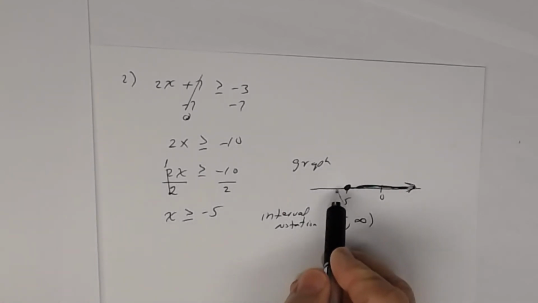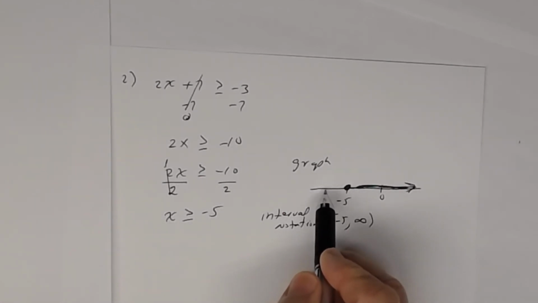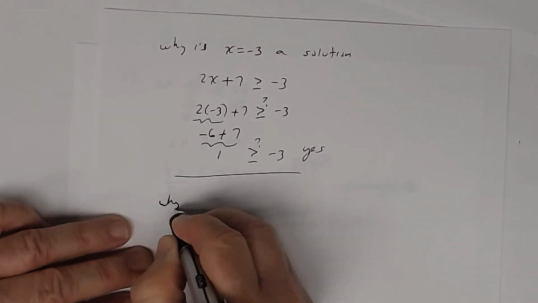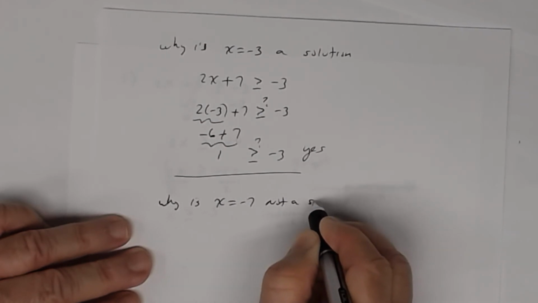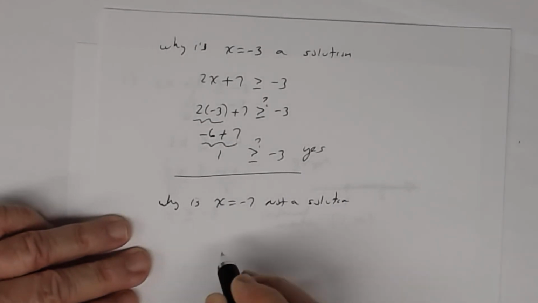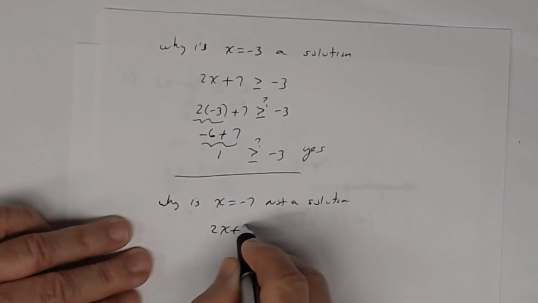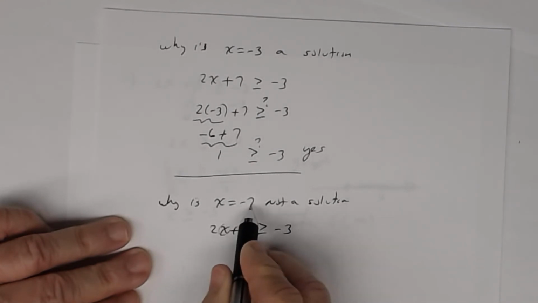Now let's check why, if it's not shaded, it's not a solution. Negative 7 is not a solution. So why is x equal negative 7 not a solution? Make sure you understand that. Going back to the original, 2x plus 7 is greater than or equal to negative 3. Where we see the variable x, substitute negative 7.